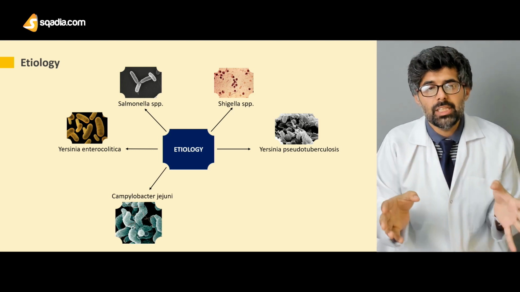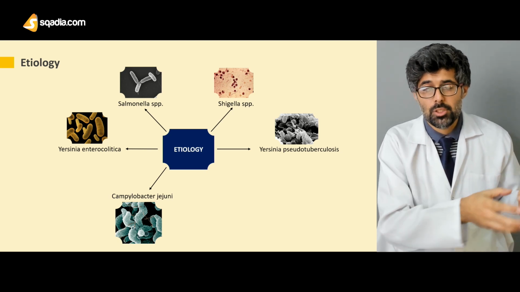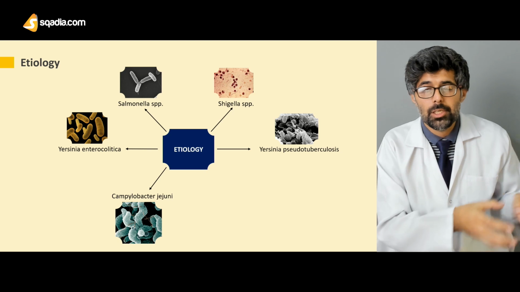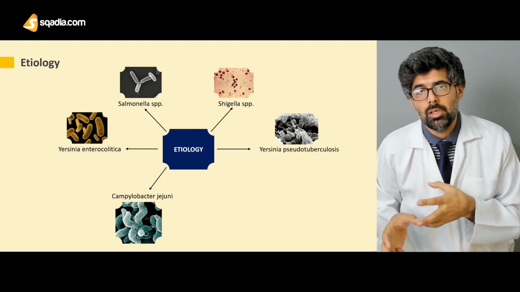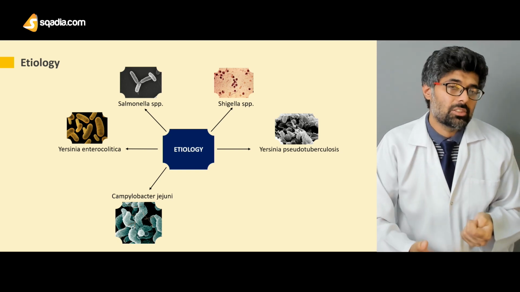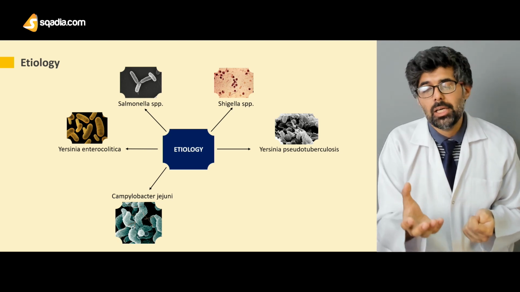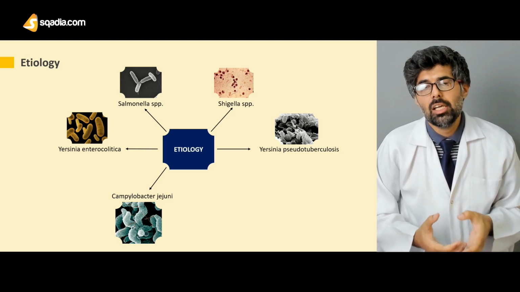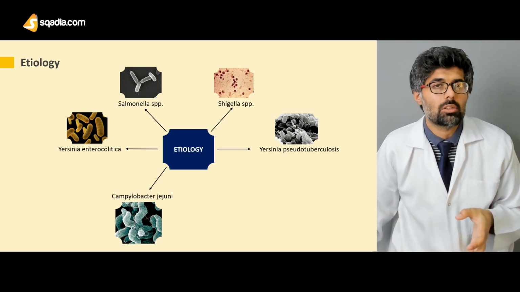Now all of these five bacteria which are usually implicated in reactive arthritis are of enteric nature, that is, they usually infect the gastrointestinal system. So infection with these bacteria in the enteric area can result in the complication of reactive arthritis.